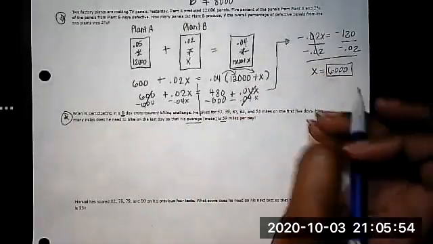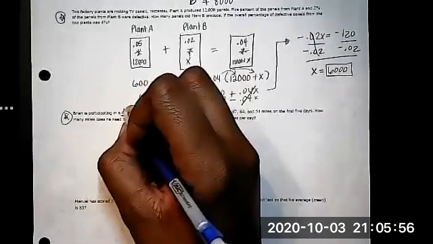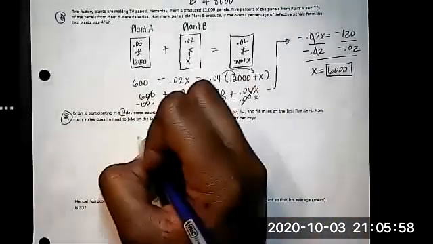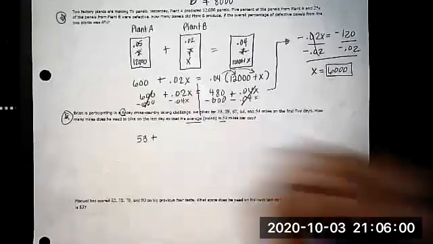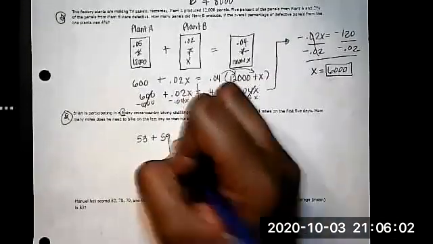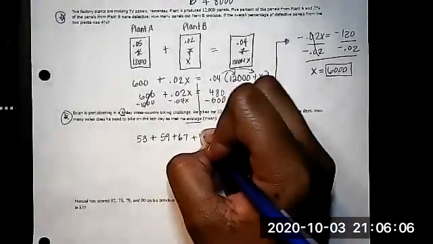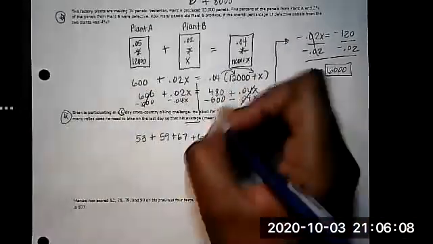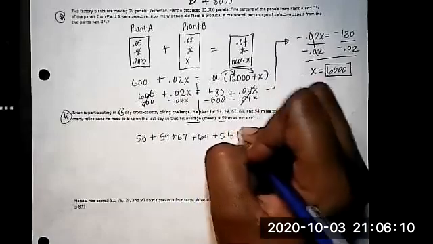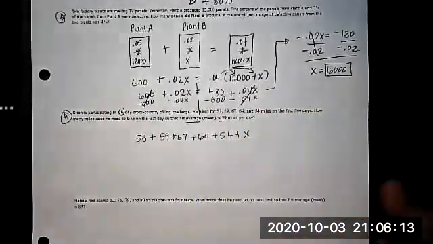So for this one, it's a 6-day situation, but you're given the 5 different days: 53 plus 59 plus 67 plus 64 plus 54. What you don't know is what that sixth day is.